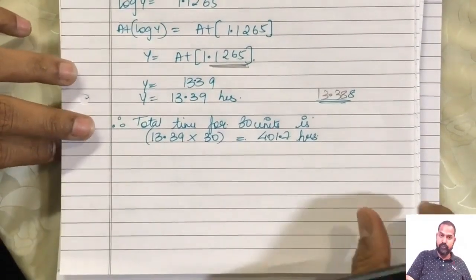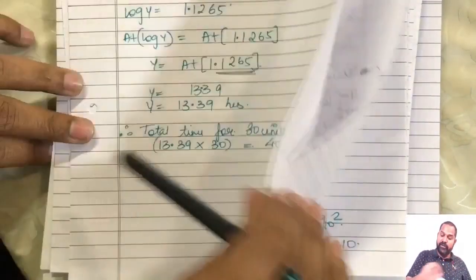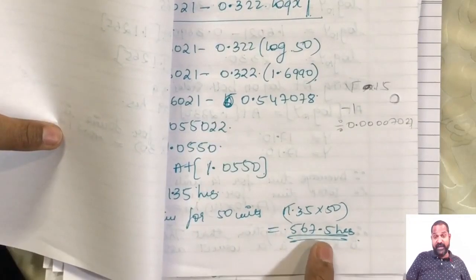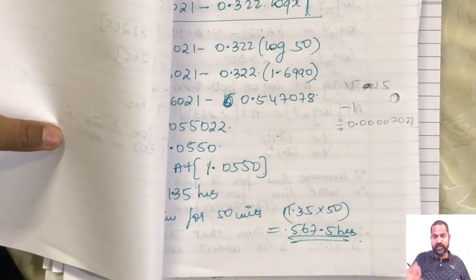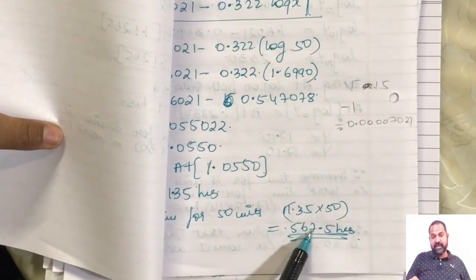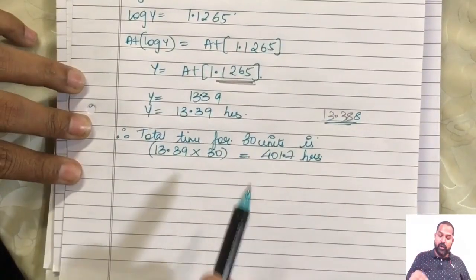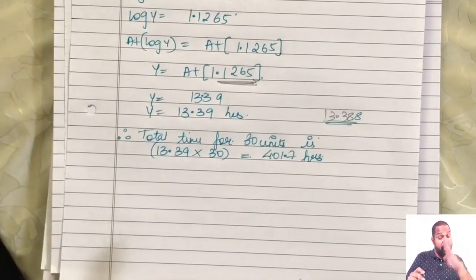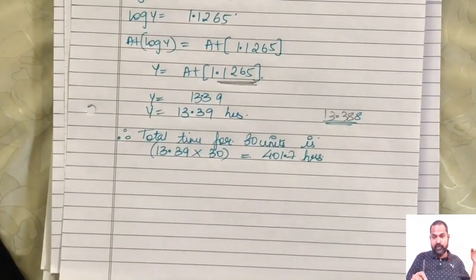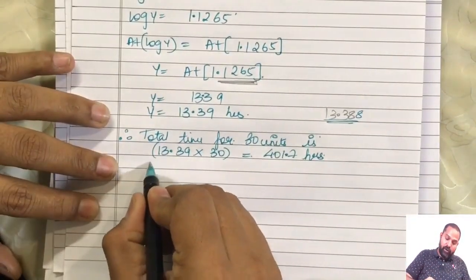Done? So, to make 50 units, it took 567 hours, in which it took 401 hours to make the first 30 units. So the incremental, let me draw it for you.